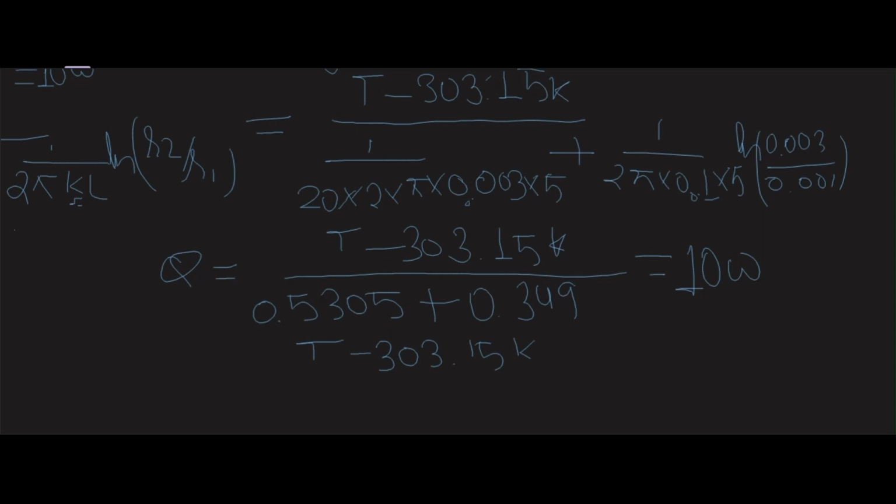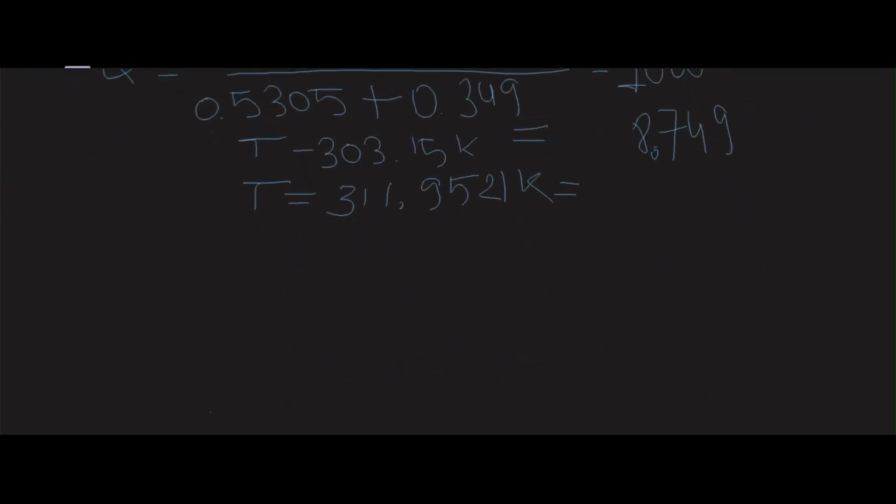Now we get the temperature in Kelvin, that is 311.9521 Kelvin. To convert into degree Celsius, we need to subtract 273.15 Kelvin. Now we calculate it in degree Celsius.